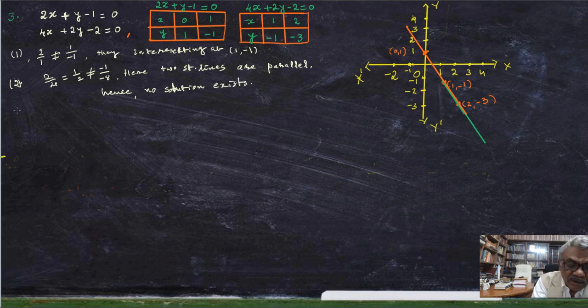In the third example, we can see 2 by 4 equal to 1 by 2 equal to minus 1 by minus 2. Look at the graph which we have drawn here.